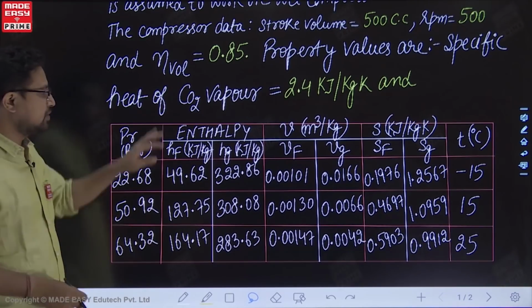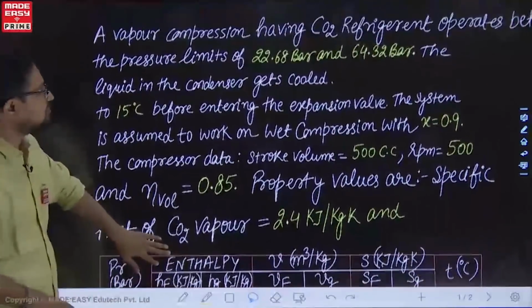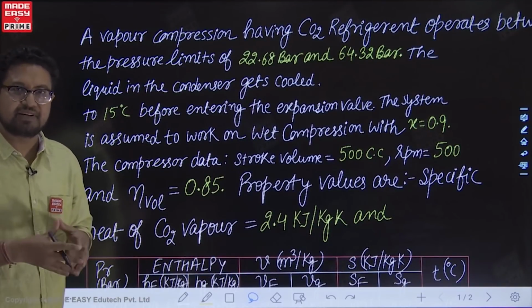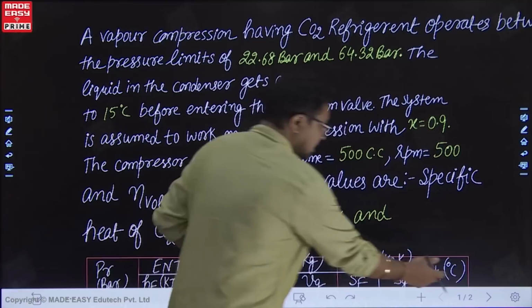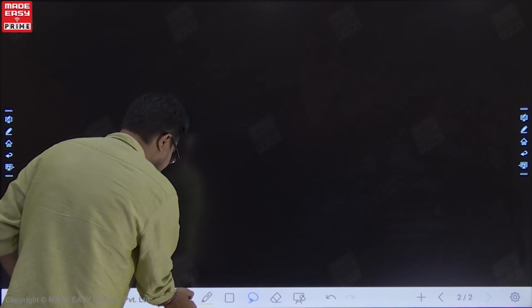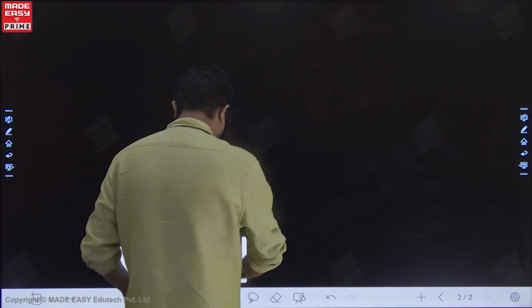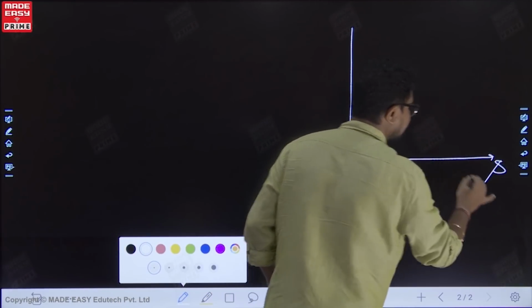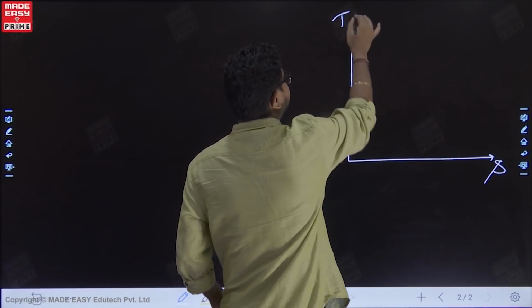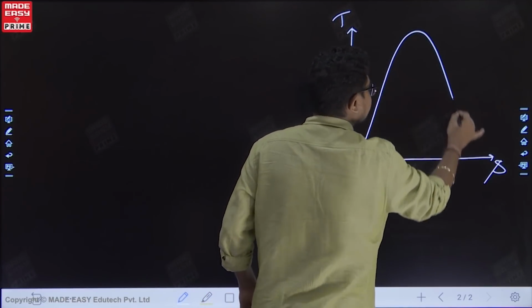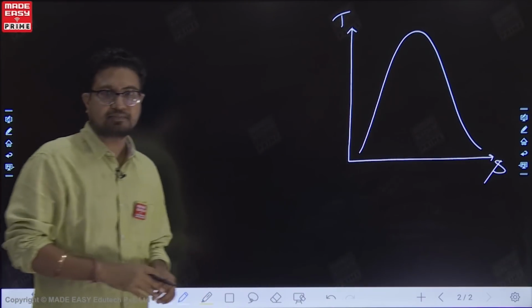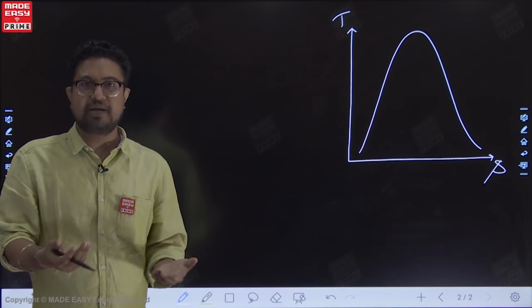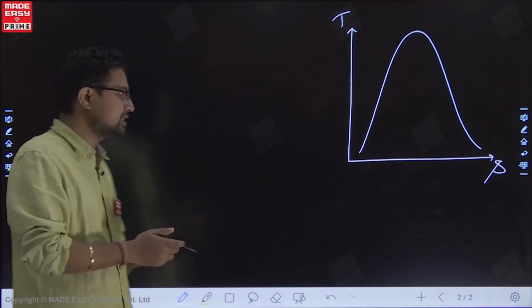So now, before solving this question, let us briefly discuss the vapor compression refrigeration system. I am taking the help of a TS diagram. This is the entropy axis, this is the temperature axis, and this is the saturation curve. And let me also draw the basic equipment involved in the VCRS.